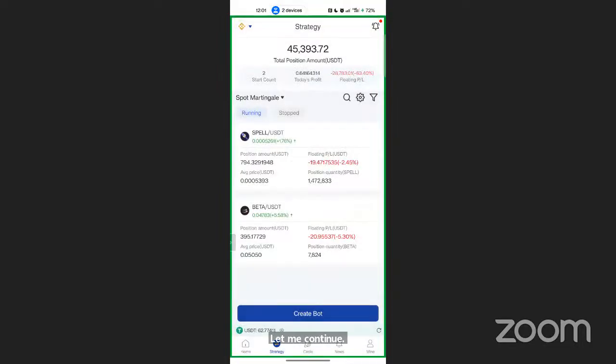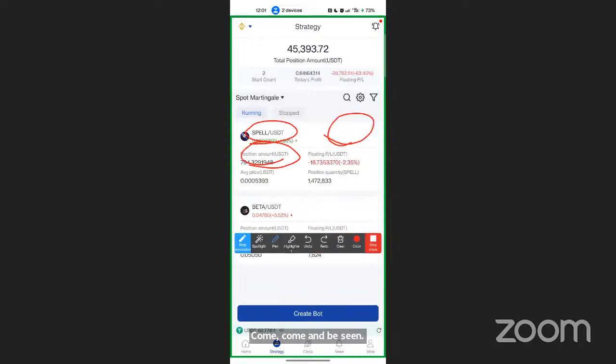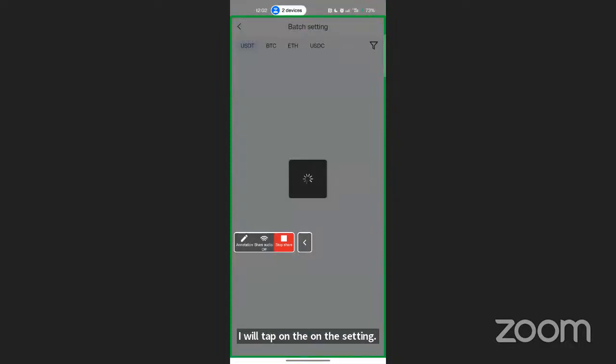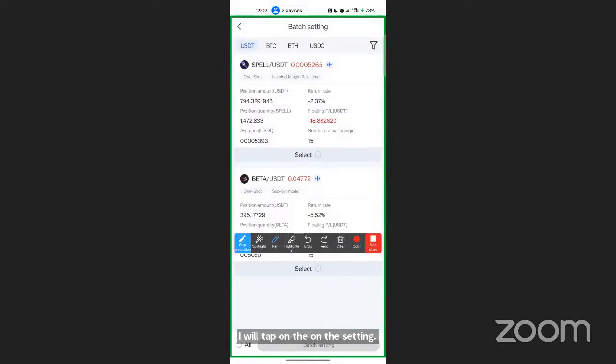This coin is coming back up. Okay. So I'll tap on the setting icon. I tap on the funnel.